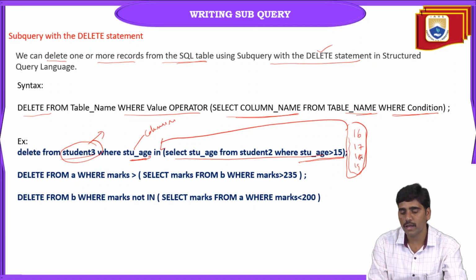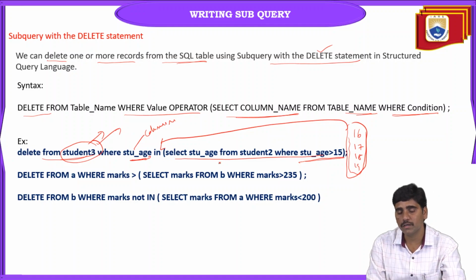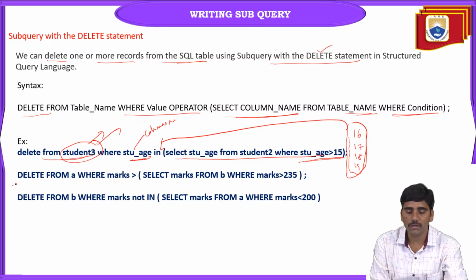If any student has age 16, 17, 18, or 19, they will be deleted from this student3 table. So that is the way you can write a query with a SELECT inside the DELETE statement.